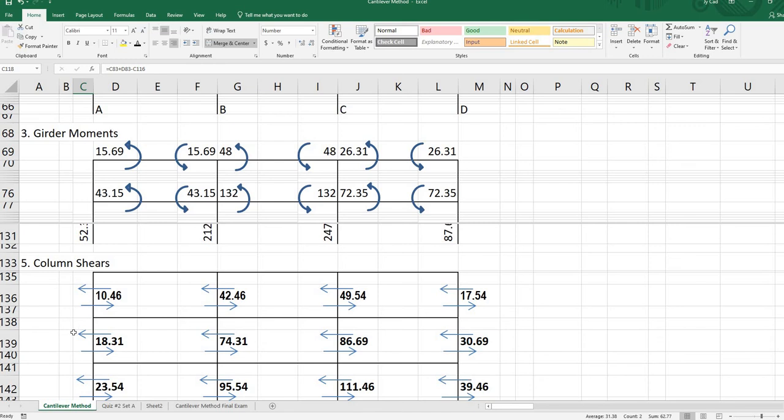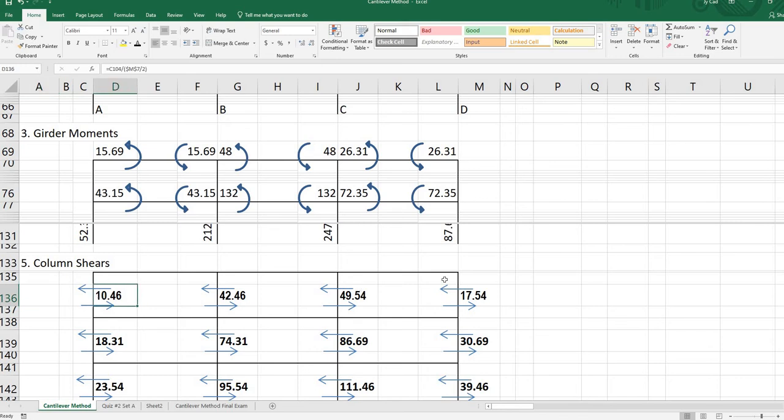Ang column shears, as I've said before, is, or the column moment, as I've said before, is equal to column shear times mid height, or height all over 2. Pero using the same equation, your column shear now would be column moment divided by mid height.